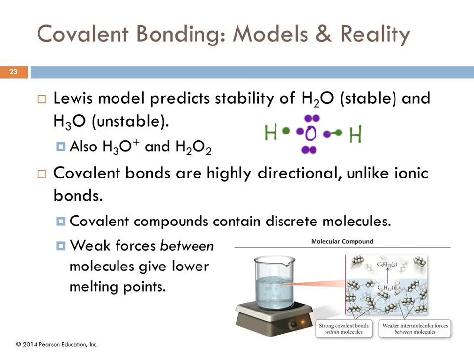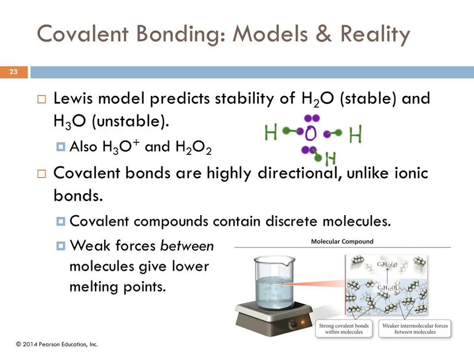And so we'll get a bond there and a bond there. And then what's going to happen if we bring in another hydrogen? Is that oxygen in good shape? No, it isn't. It's got too many electrons. H3O is not a stable molecule.